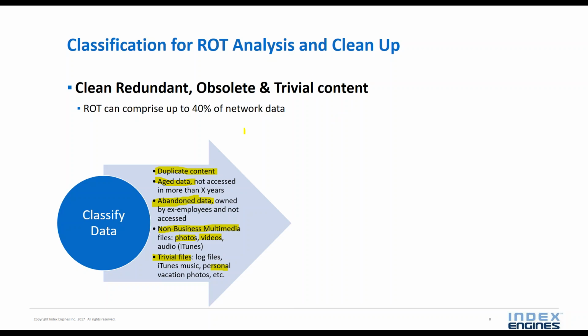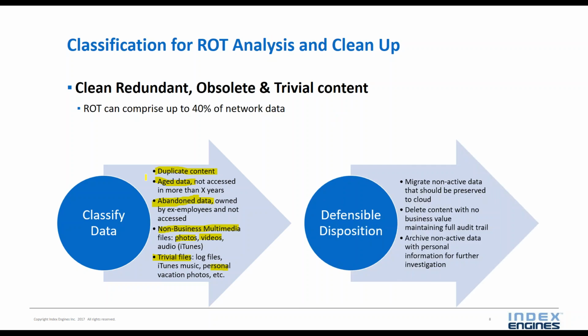So looking at the classification capabilities that I mentioned to profile data or classify data based on these different criteria, you can develop a defensible disposition strategy. Within the Index Engines platform, with a single click you can take this data that's been tagged or classified and migrate that non-active data to the cloud, for example.